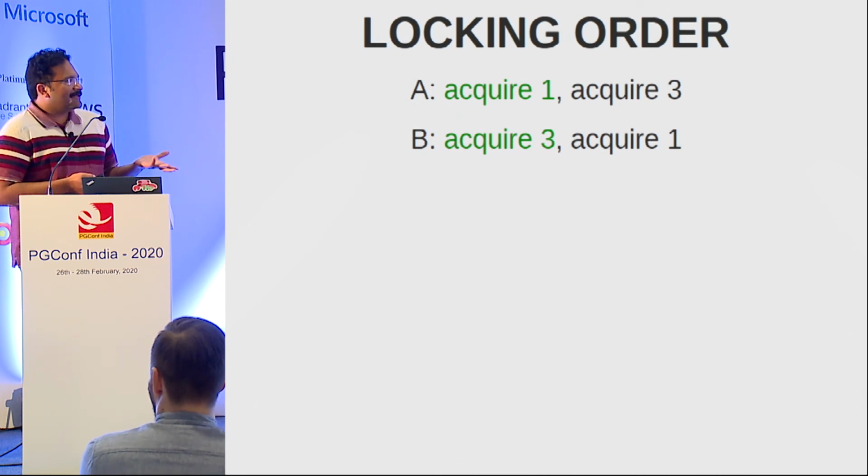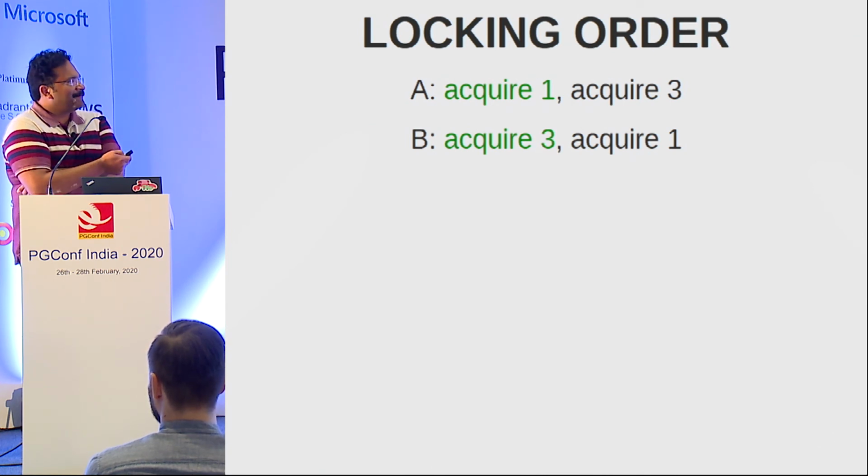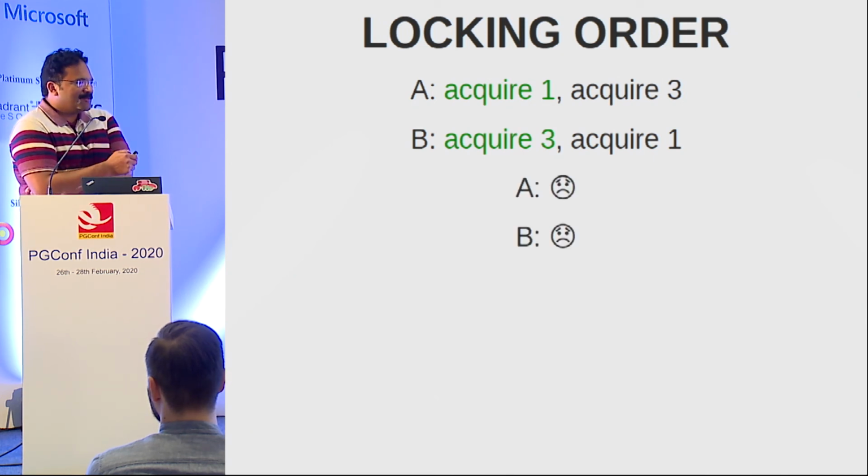So they will either just go to sleep or be unable to make any progress, because B will not release the lock on 3, so A cannot progress, and vice versa. Basically, both of them are blocked by each other.